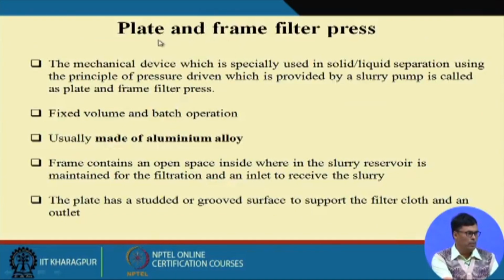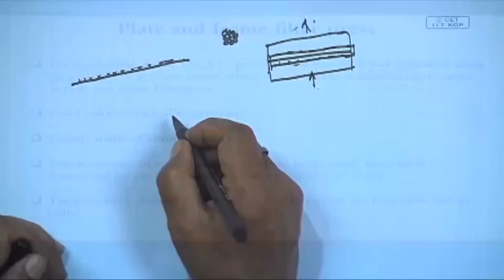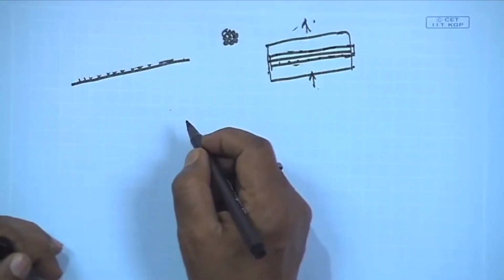Now, for example, the plate and frame filter press is a mechanical device specially used in solid liquid separation using the principle of pressure driven flow, which is provided by a slurry pump. Here I want to point out what you mean by plate and frame filter.